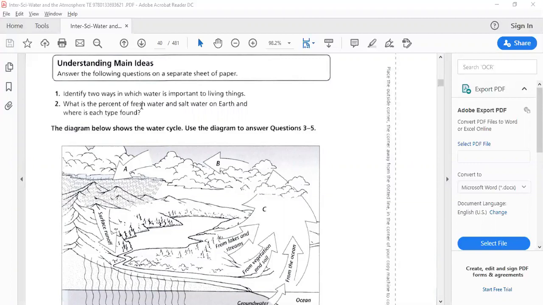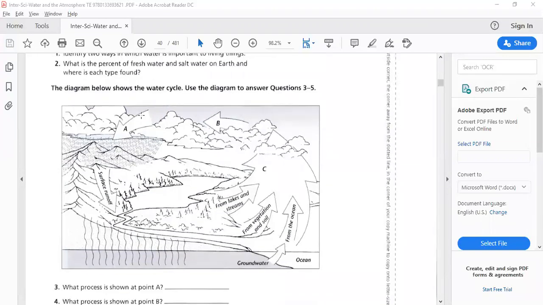If we talk about the salt water, it's in the form of oceans, seas, and salt lakes. It's 97% of the water all over the earth, the huge part of it.